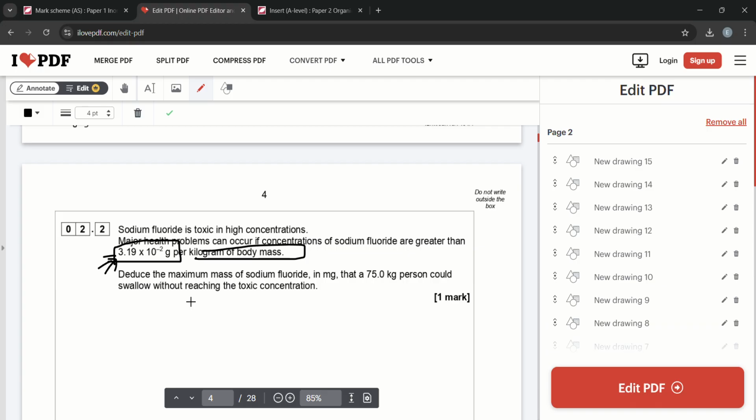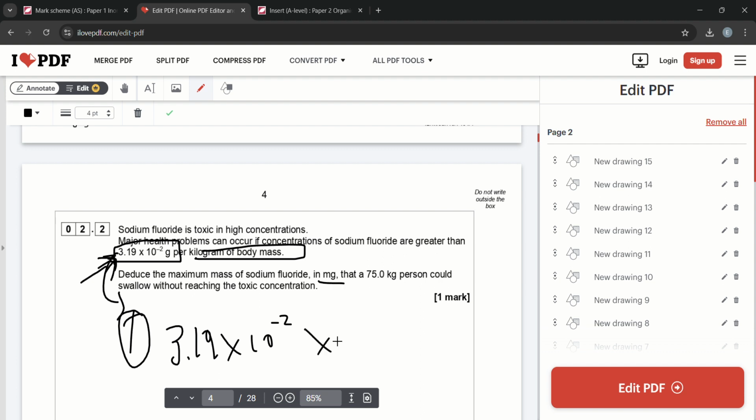So if we want to find the maximum mass that a 75 kg person could swallow without reaching toxic concentration, all we have to do is take the maximum per kilogram body mass, because remember it says if concentrations are greater than this, major health problems can occur. So 3.19 times 10 to the power minus 2 grams, and we want it in milligrams.